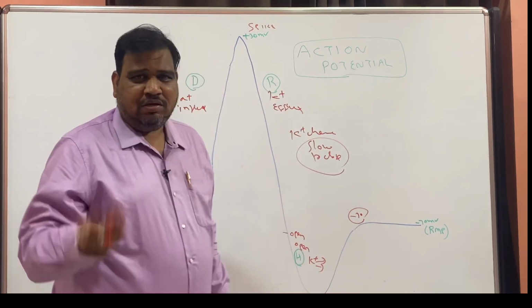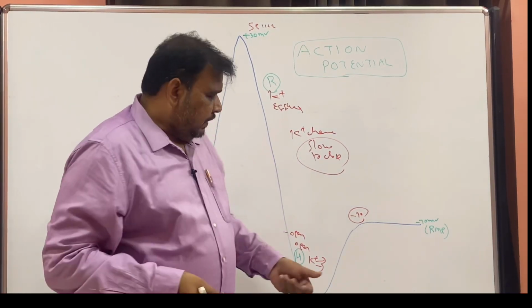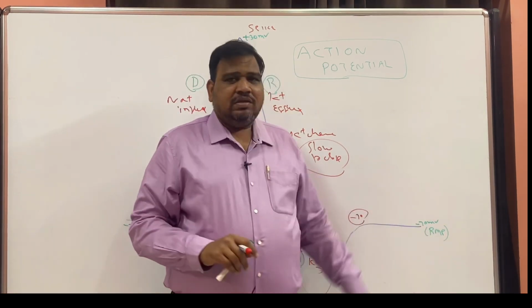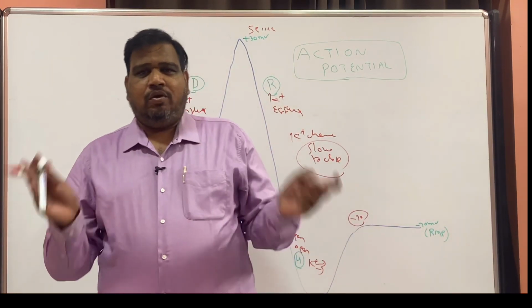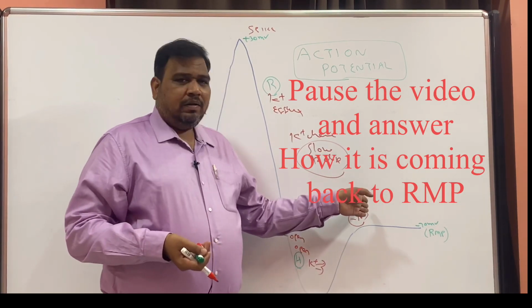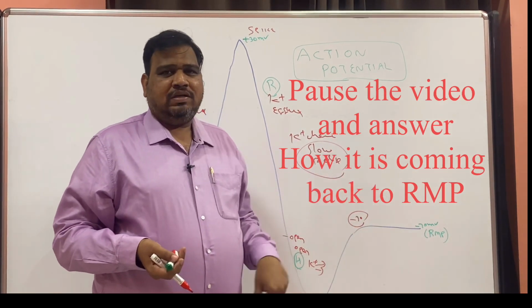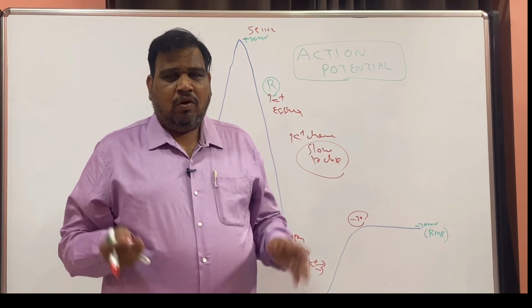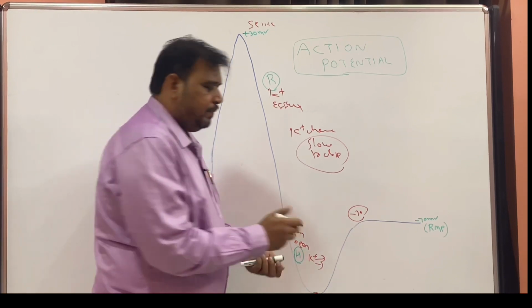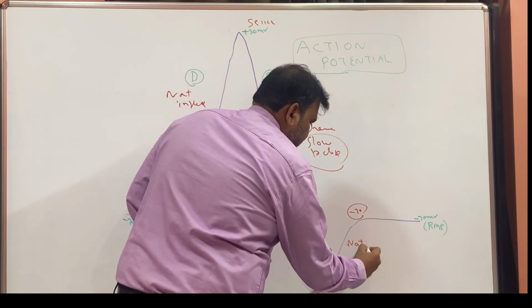So my second question: why or how is this minus 90 coming back to the resting membrane potential of minus 70? Again you can pause the video and try to answer. I hope you would have found the answer. Yes, the reason, or one of the reasons, is the sodium potassium pump, like the genesis of resting membrane potential.